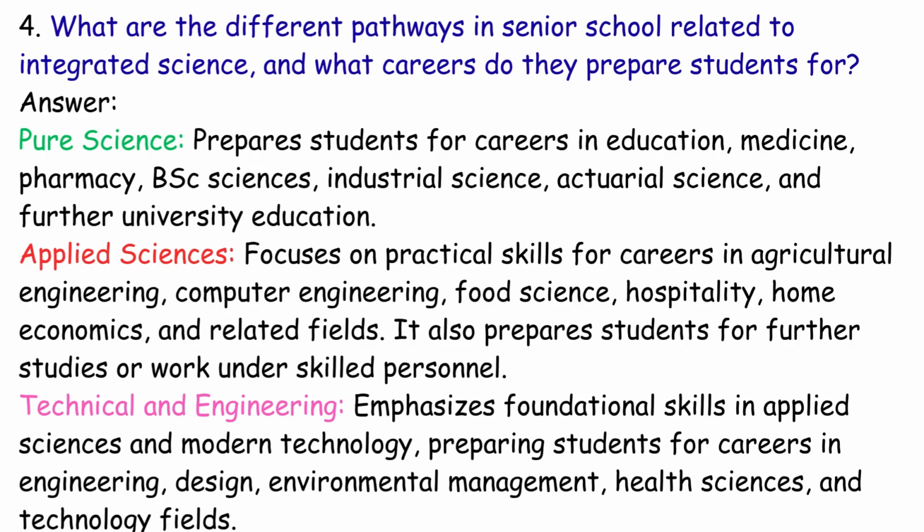Applied Sciences. Focuses on practical skills for careers in agricultural engineering, computer engineering, food science, hospitality, home economics, and related fields. It also prepares students for further studies or work under skilled personnel.